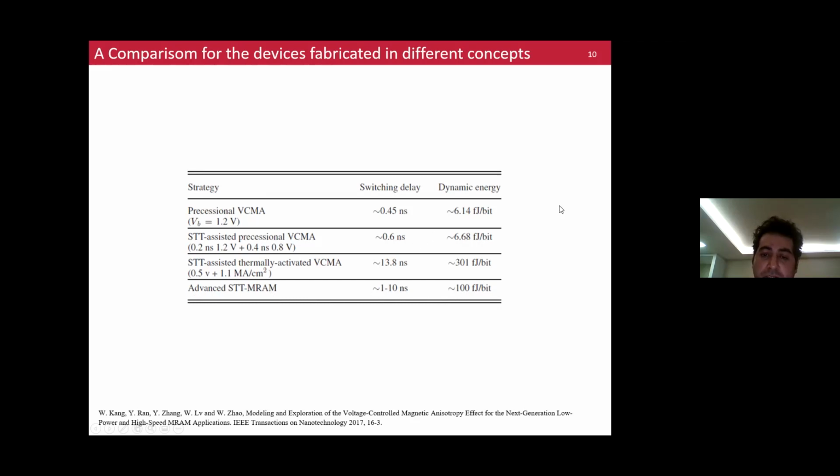Compared to this one, this is the last concept I mentioned. Compared to these STT MRAMs, the energy required for writing a bit is very low, and switching is also very fast. So we can fabricate faster and lower energy consuming devices by using this voltage controlled magnetic anisotropy.